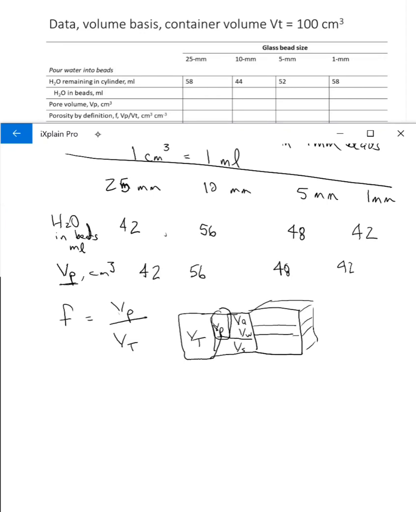The volume of our container is 100 cubic centimeters. So our total volume here is 100 cubic centimeters. And the volume of the pores in each case, as we're using the water that filled the pores as an indicator of that, is here. So we're going to find, in this example, for the first one, for 25 millimeter beads, it's the 42 milliliters.